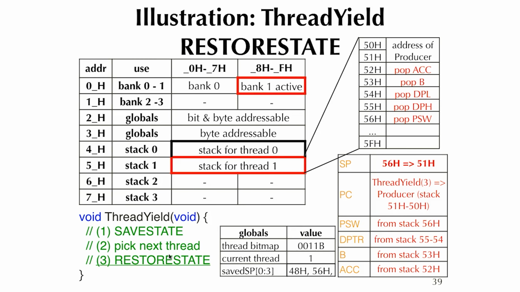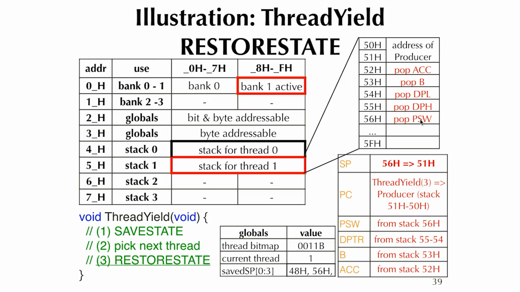That's what restore state has to do. So restore state as a macro says, oh, my current thread is now thread 1. Thread 1 has a saved stack pointer of 56. So it goes to 56, and that's your top of stack. As soon as the stack pointer changes, you switch the thread. You completely switch the thread.